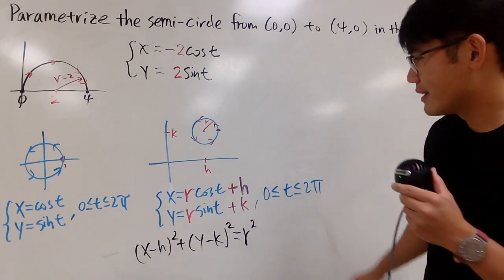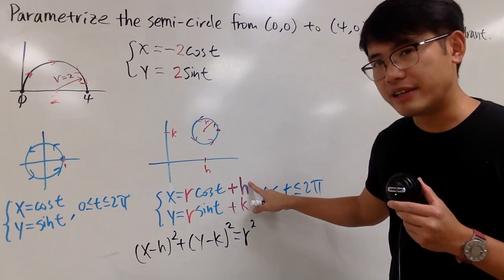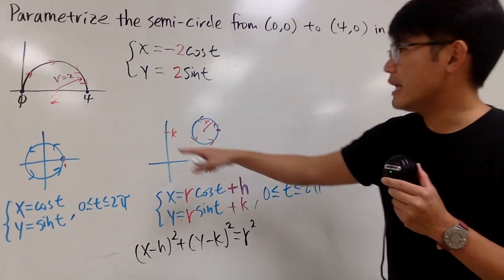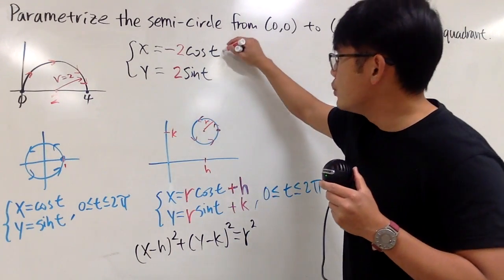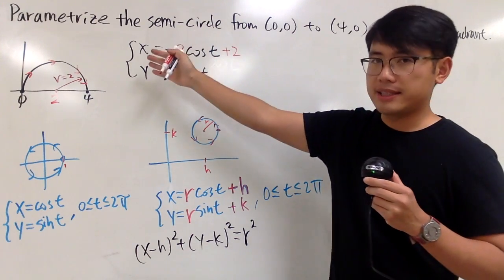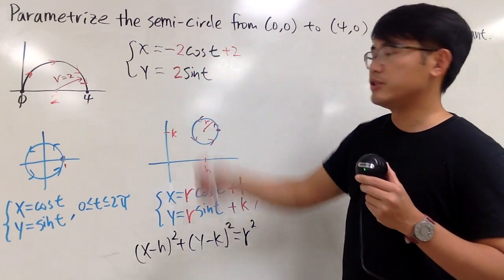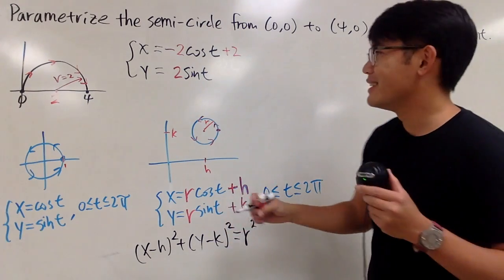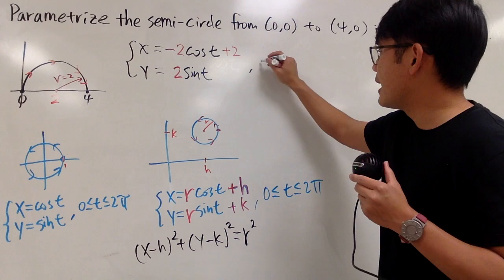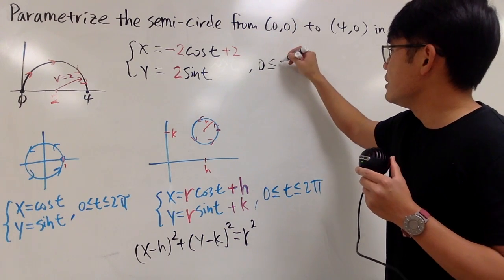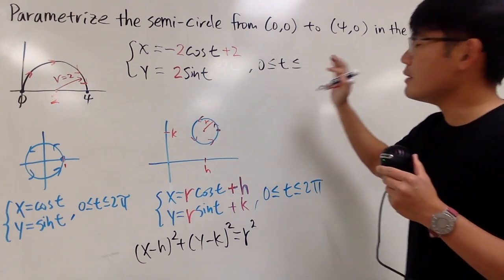Now, I need to shift the center, and the center is at 2, 0. That means I will have to add 2 right here for the x. And for the y, this is actually still good. That's it. So I will finish this by indicating the t values.